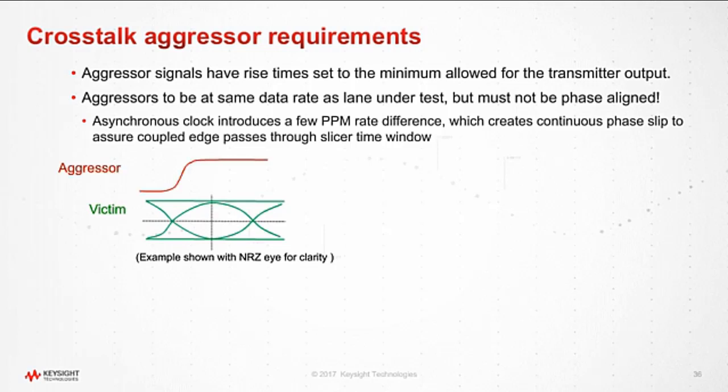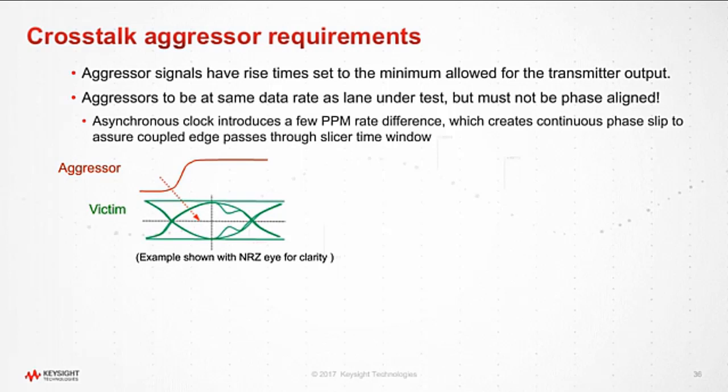An aggressor, if it's static in phase, is going to couple energy that at some point in time is going to possibly cause some eye closure based on how much coupling we have. And where in time does that closure occur? It's only a problem if it occurs where the slicer is looking at the input to evaluate the input state. So if it occurs in other places in the eye, like near the transition, as I show here, it's not a problem at all.